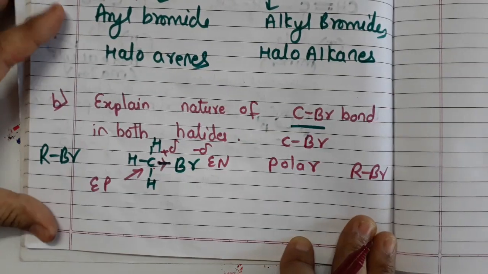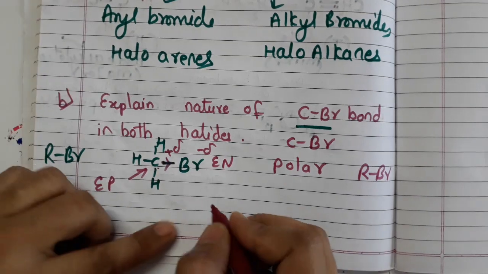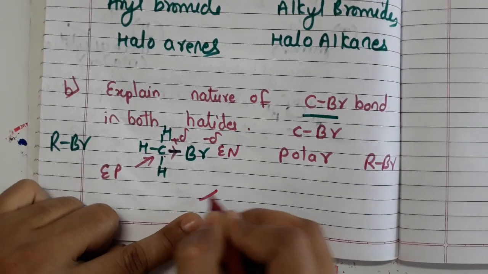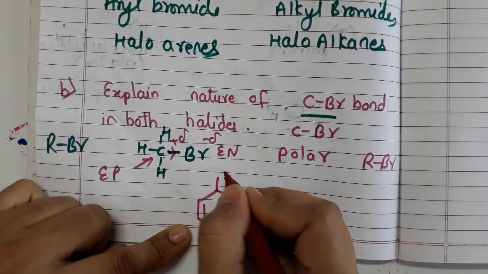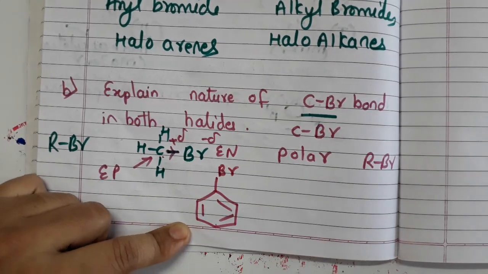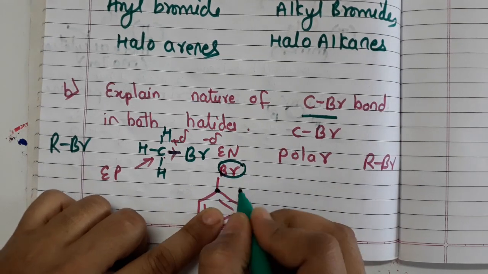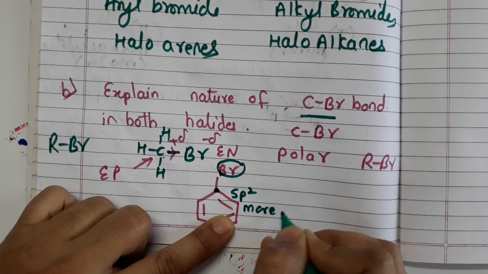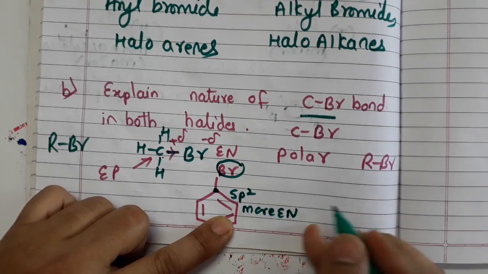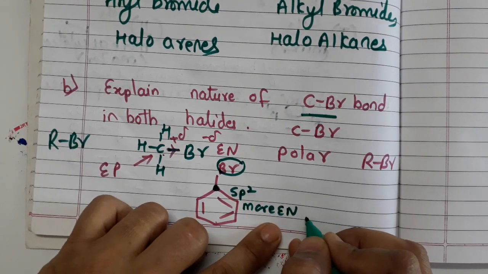But we have also discussed the C-Br bond in case of aryl halide. See, bromine is bonded to the carbon atom which is sp2 hybridized. It is more electronegative, isn't it? This carbon atom is sp2 hybridized, it is more electronegative.